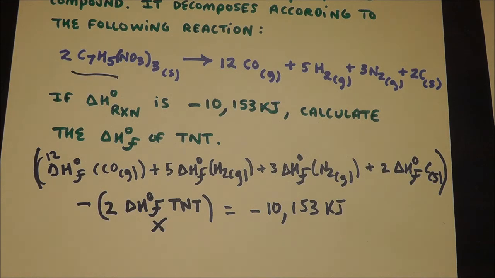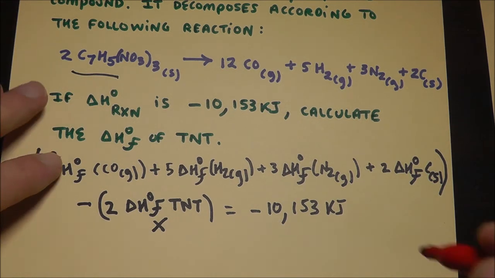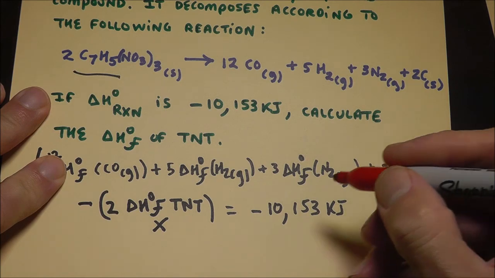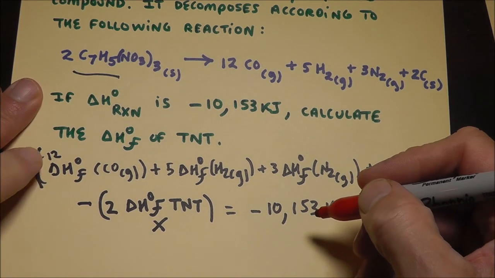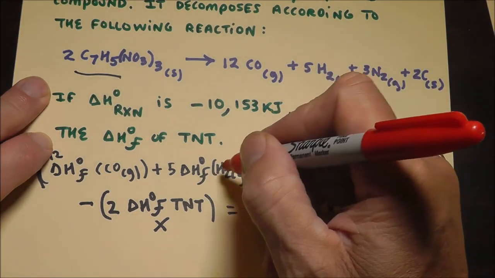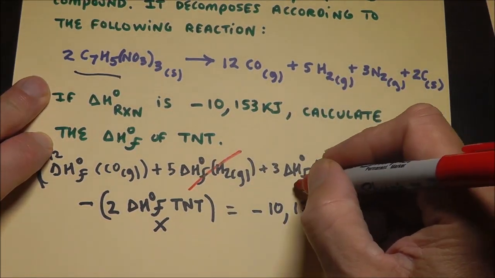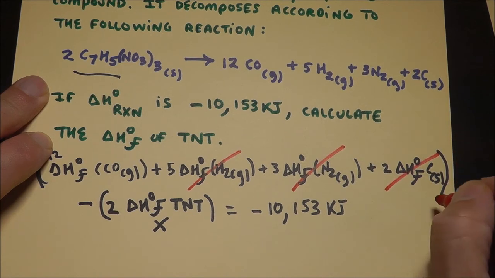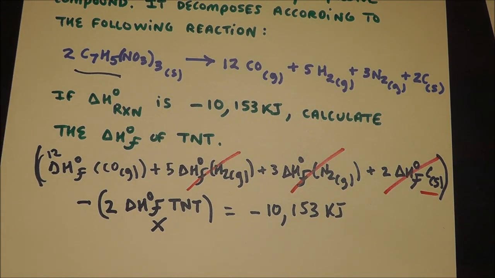But you know what? We get cut a huge bunch of breaks here. Because as this decomposes into 1,000,000 different molecules, which is, by the way, what explosion reactions usually do, that's called decomposition. 0, 5 times 0, 3 times 0, 2 times 0, those are all the elemental forms.